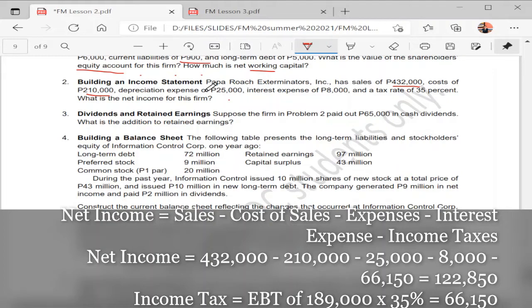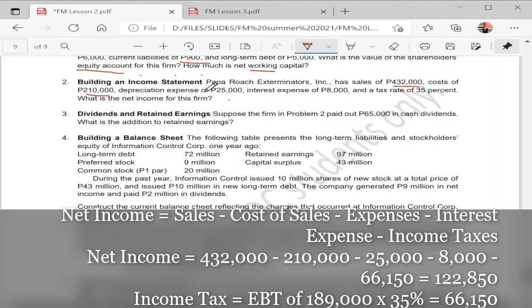If there are no follow-up questions that require us to compute the EBIT, we can forgo that computation. So we can solve it directly. You'll start again, 432 minus 210 minus 25. The answer for that is 197,000. That will be called our EBIT.